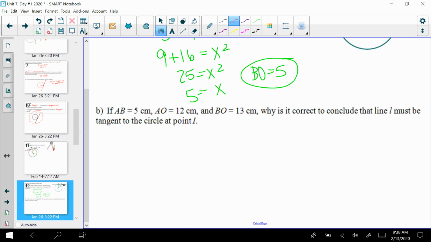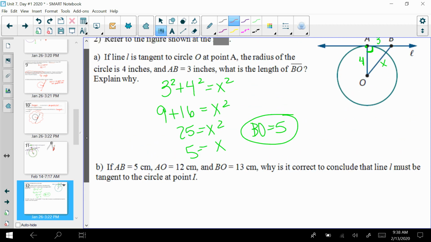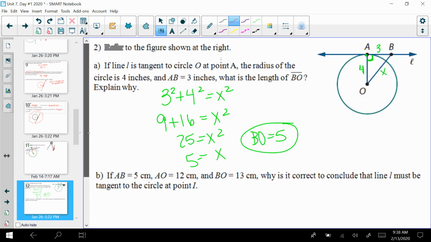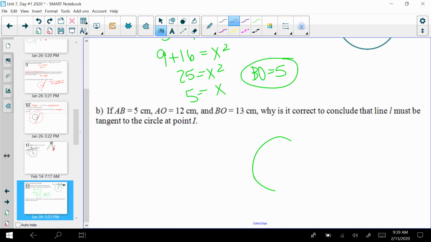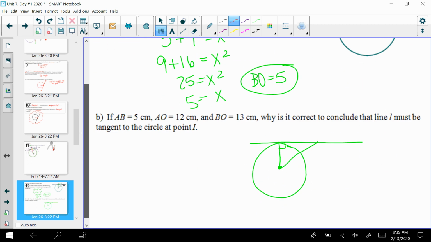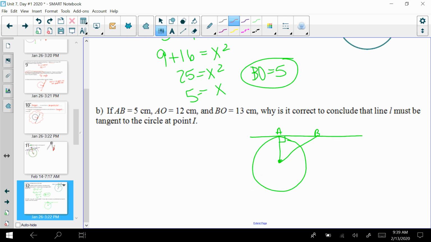Then down here it says if AB is 5 and AO is 12. All right, I'm just going to redraw the picture. So we have A, B. If AO is 12 and BO is 13 and this is 5, how come we know that this has to be a tangent line?